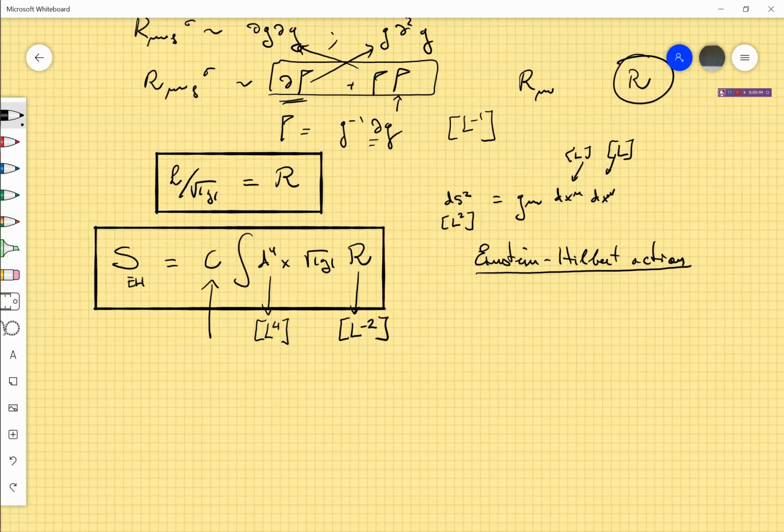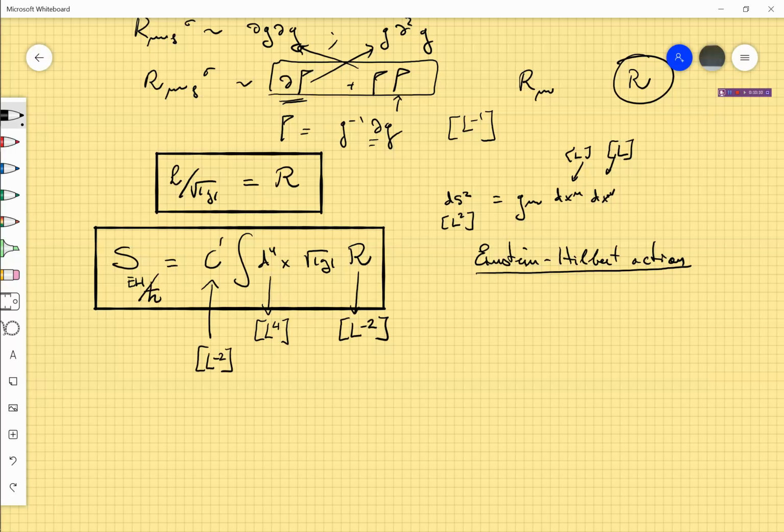So suppose that I know that this divided by h bar should be dimensionless. If it is to be dimensionless, this C, I call it C prime because now it is divided by h bar, must have dimensions of L to the minus 2.